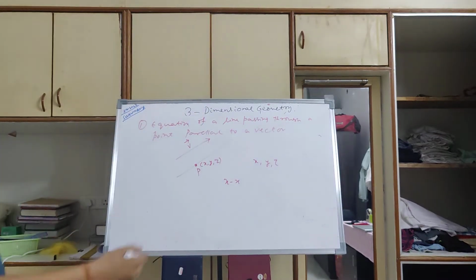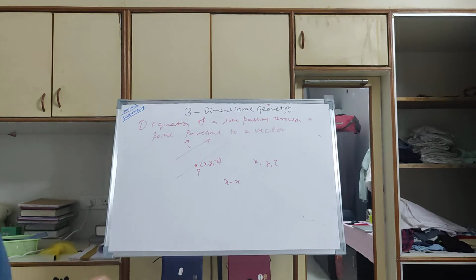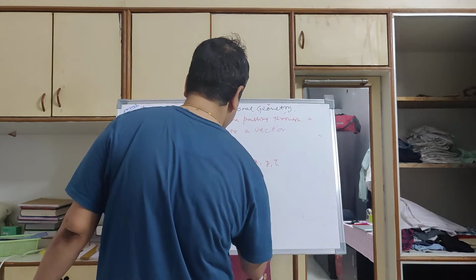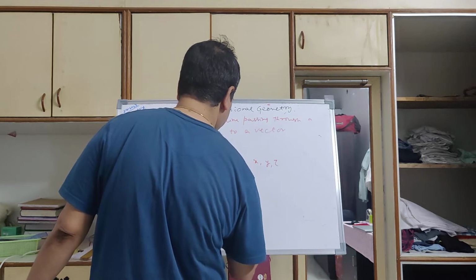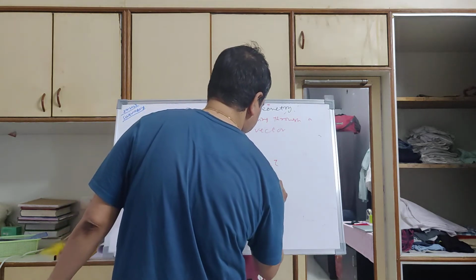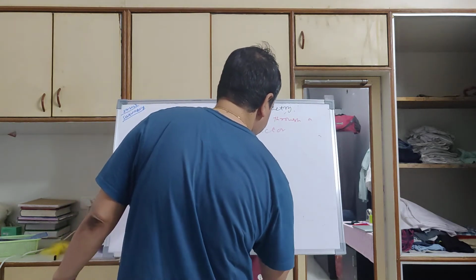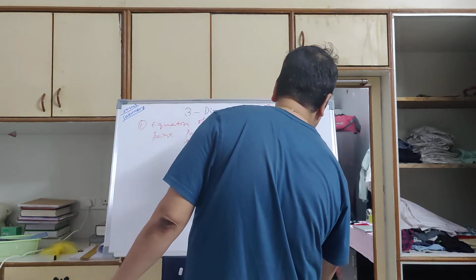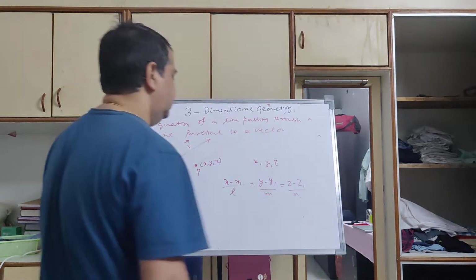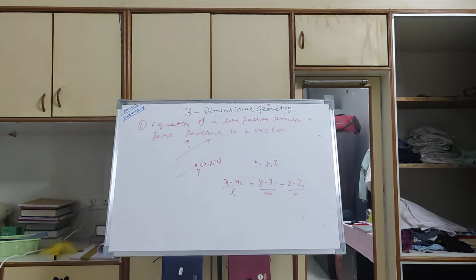The equation of a line passing through the point (x1, y1, z1) and parallel to vector v is x minus x1 by L equals y minus y1 by M equals z minus z1 by N, where L, M and N are the direction cosines of the vector v.